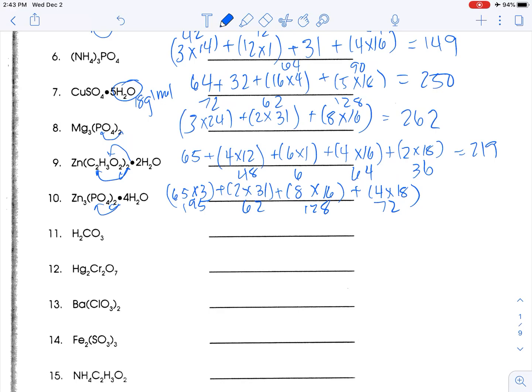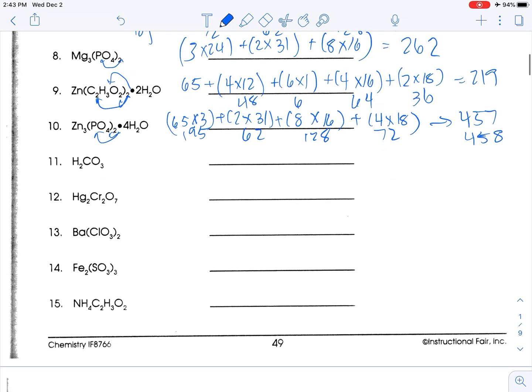I messed up. It's not what the book says. 128 plus 72 plus 62 plus 195. I gotta check this one. I have 457, but the book has 458. So somewhere in the rounding. I guess that's close enough.